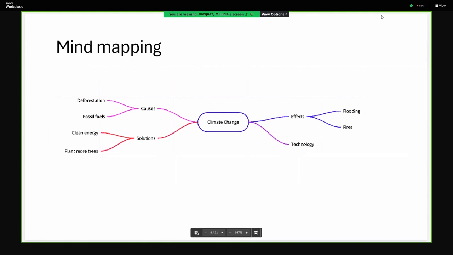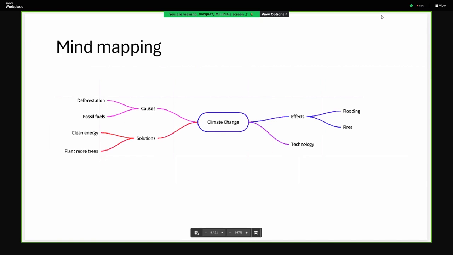Mind mapping, of course, you guys already know. I'm going to change my example now to climate change, since some of us are working in climate change. If you're addressing a particular topic, you can put it at the center and start brainstorming about all the concepts and issues associated with it.